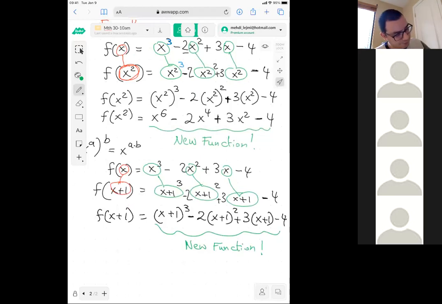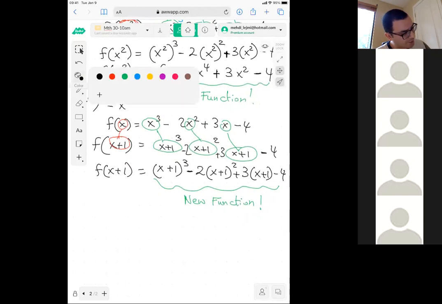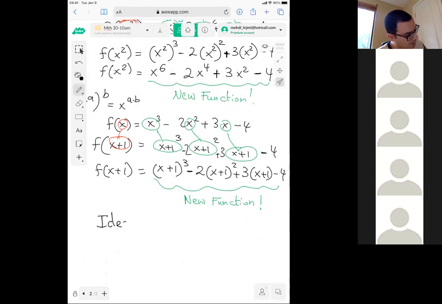So the idea is, we start with f of x, a function, right?